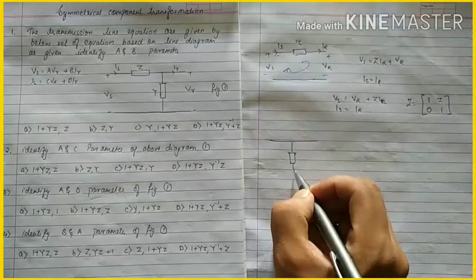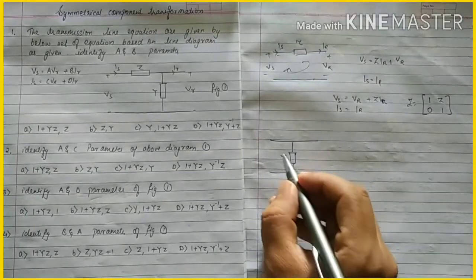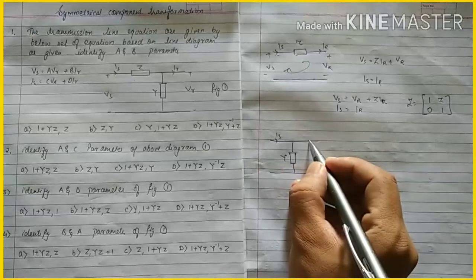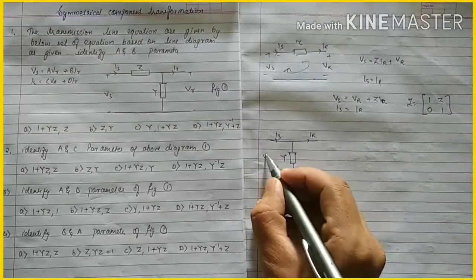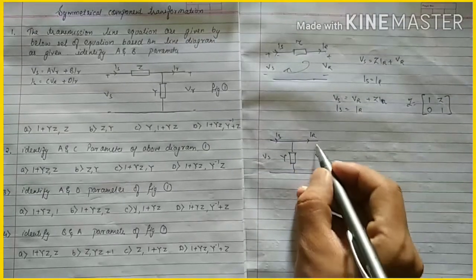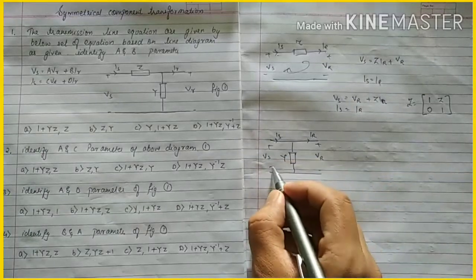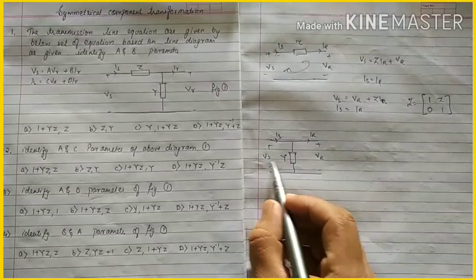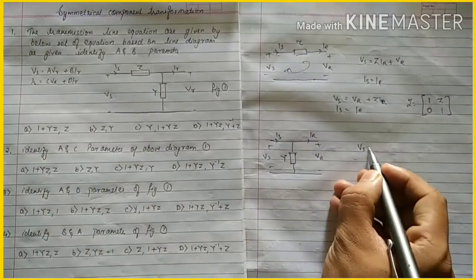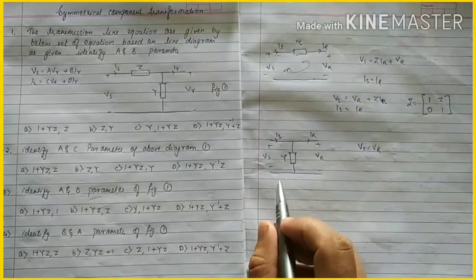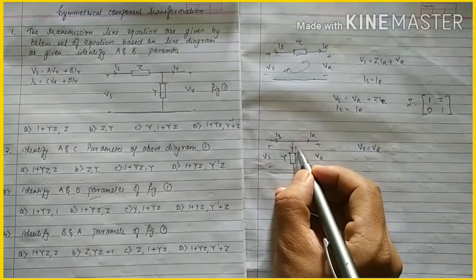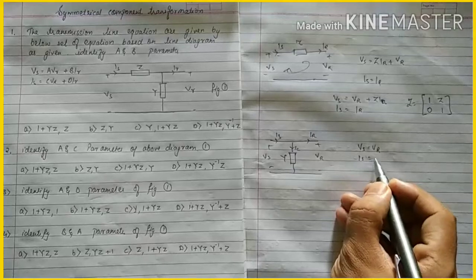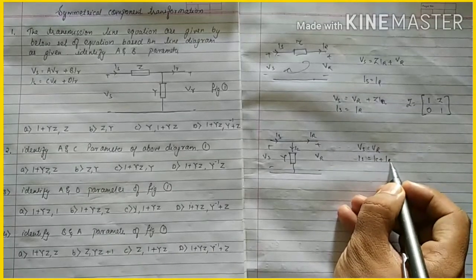Now find the ABCD of the shunt capacitance Y. Okay, admittance, this is IS and this is IR, this will be VS and this will be VR. Positive, negative, positive, negative. So here we can say that Vs equal to VR. Okay, we have found the first term, Vs equal to VR, and what will be the IS? IS is equal to IC plus IR.